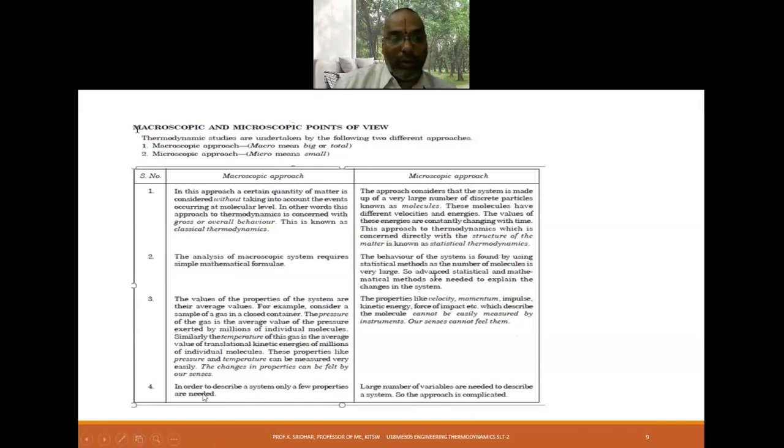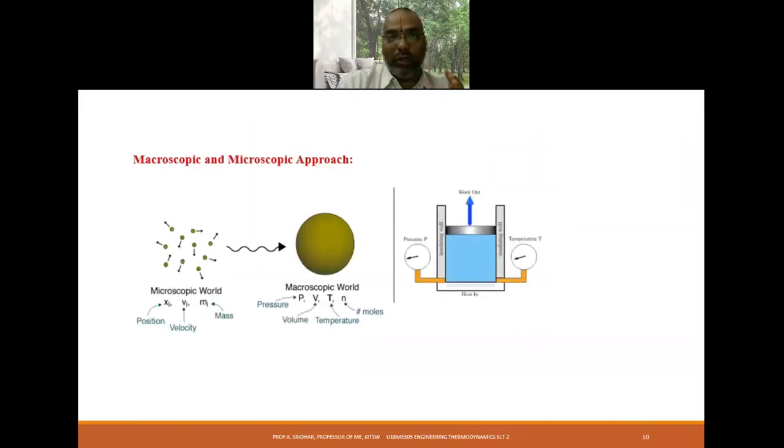Similarly, another important point is that in order to describe a system in the macroscopic approach, only a few properties are needed, but in the microscopic, a large number of variables are needed to describe the system. So the system becomes very, very complicated. That's why we keep aside the microscopic behavior of the study and concentrate only on the macroscopic behavior, that is classical thermodynamics.